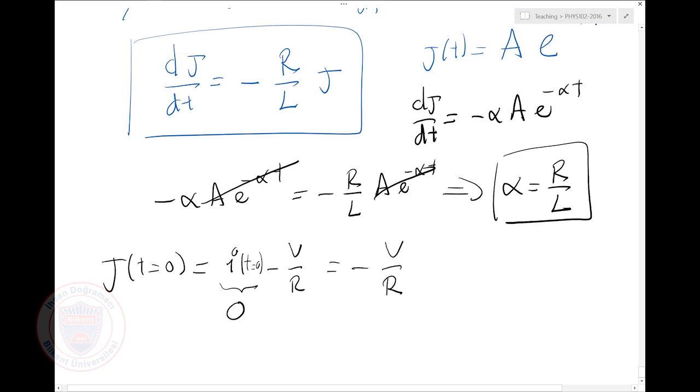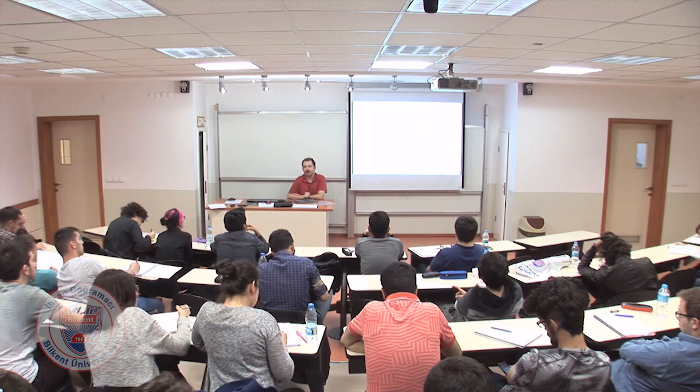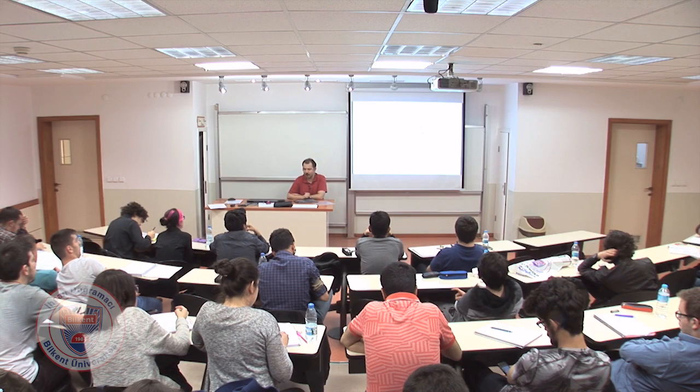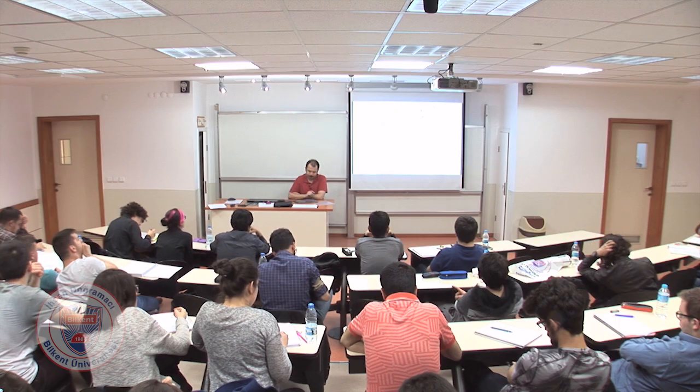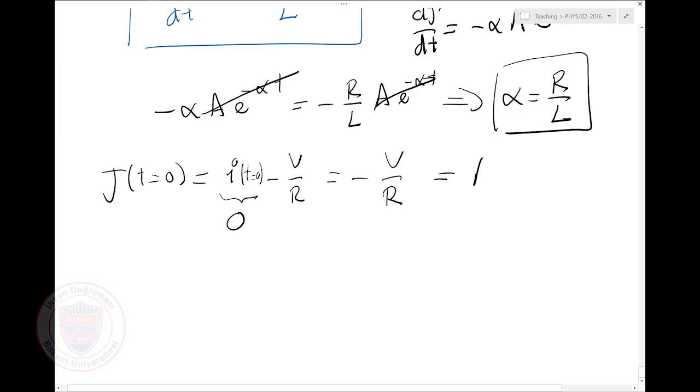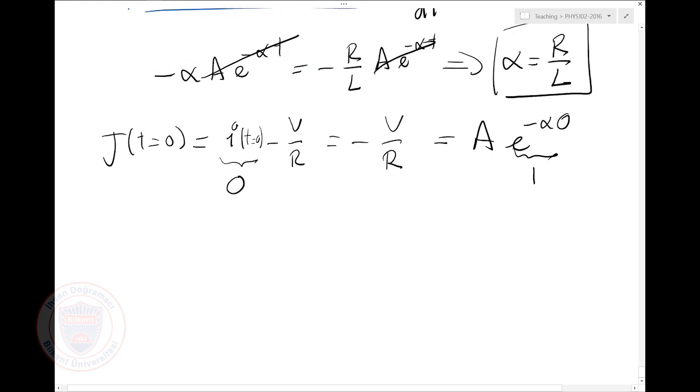So at 0 time, j should be minus V over R, which should be A times e to minus alpha times 0, which is 1. So A is minus V over R. So j of t I found is minus V over R e to minus t divided by L over R.